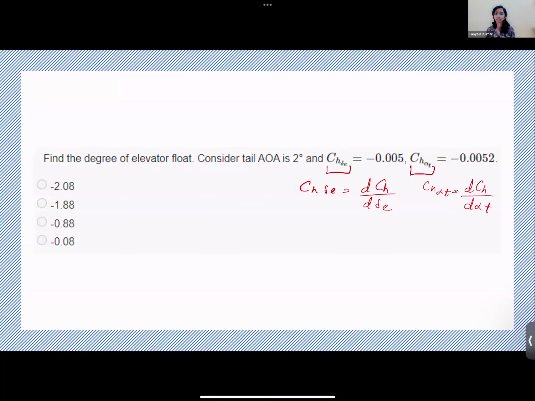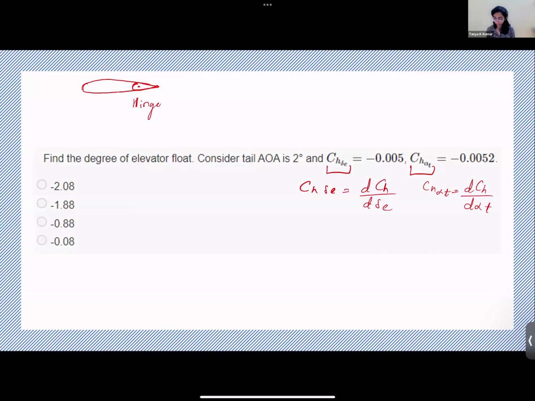I hope you've all done the stability control course. What is the hinge moment? So if this is your tail, and this is your elevator, this is the hinge point about which the elevator is deflected. So the moment at that hinge is the hinge moment. And the coefficient, the non-dimensional parameter, is CH, the coefficient of hinge moment.